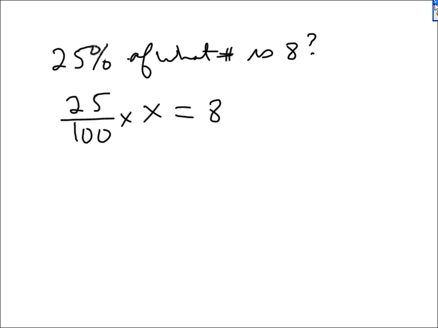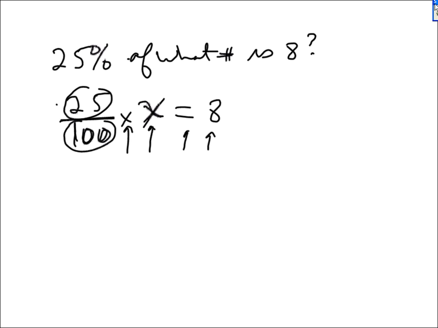I can read it backwards. 25 divided by 100 means percent. 25% of what number is 8? There's no way I got that wrong. That is, there's no way that my translation from words to a mathematical equation is wrong. There's absolutely no way. 25% of what number is 8?